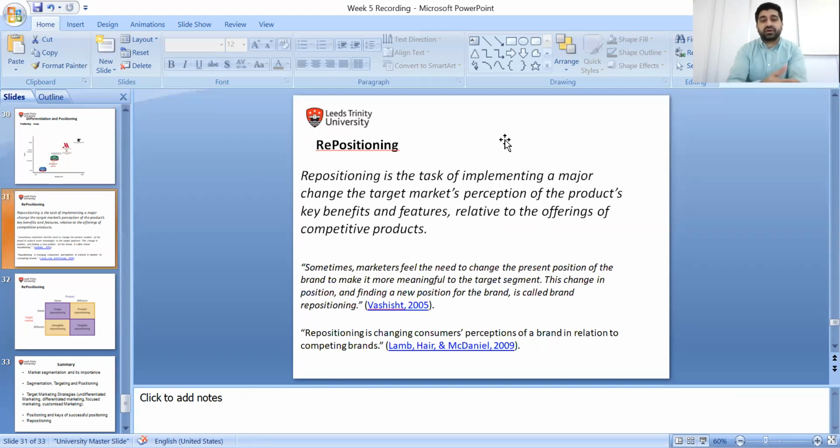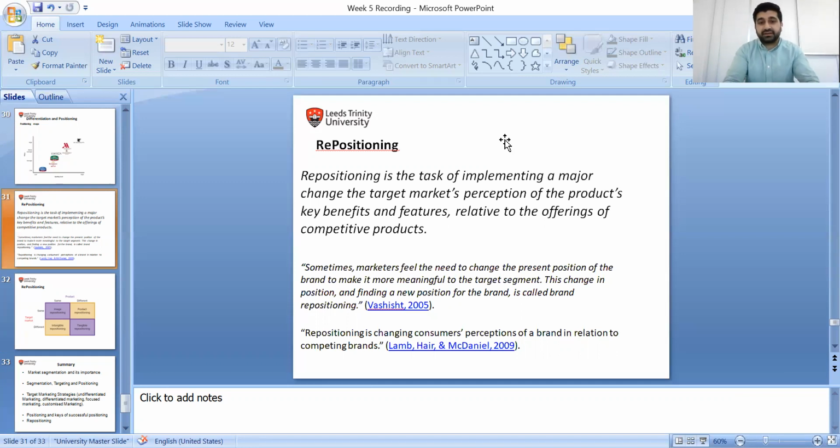Repositioning. What is meant by repositioning? Repositioning is the task of implementing a major change in the target market's perception of a product, its key benefits and features relative to the offering of competitive products.